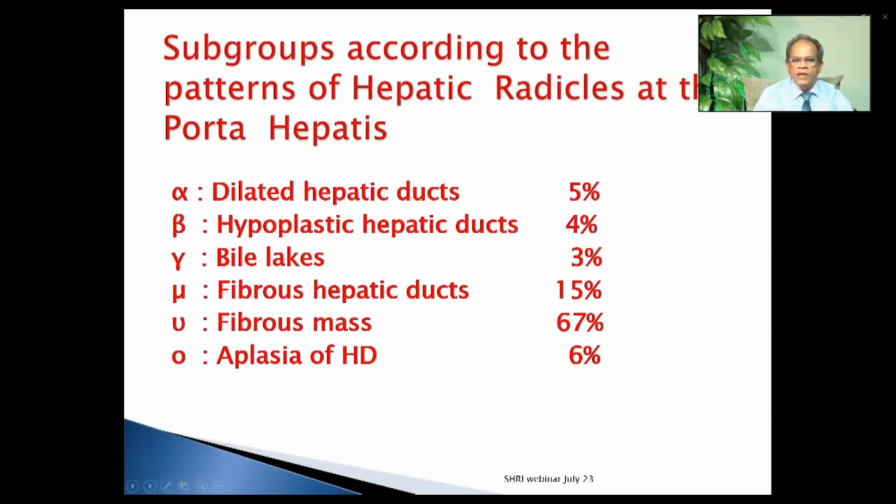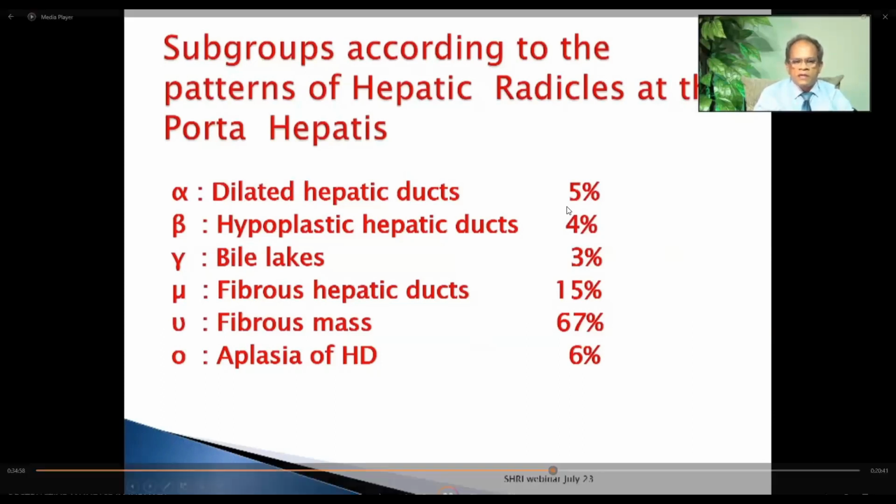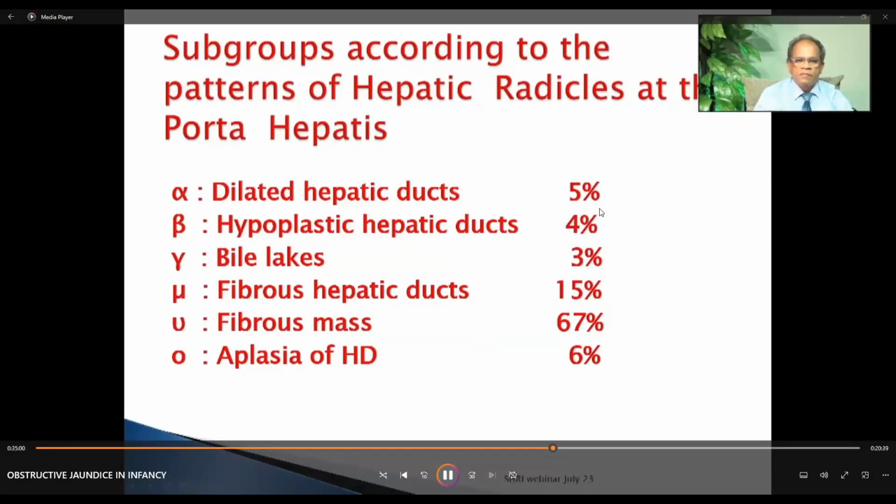Beta is hyperplastic hepatic ducts, then gamma is bile lakes, and mu is fibrous hepatic ducts, a fibrous mass, and omega is aplasia of the hepatic ducts. Okay, so there is absence of hepatic ducts.